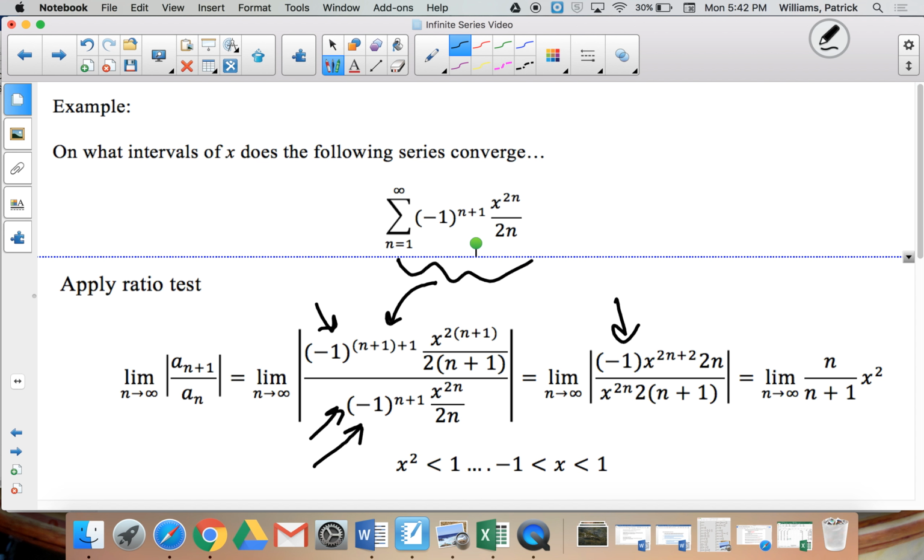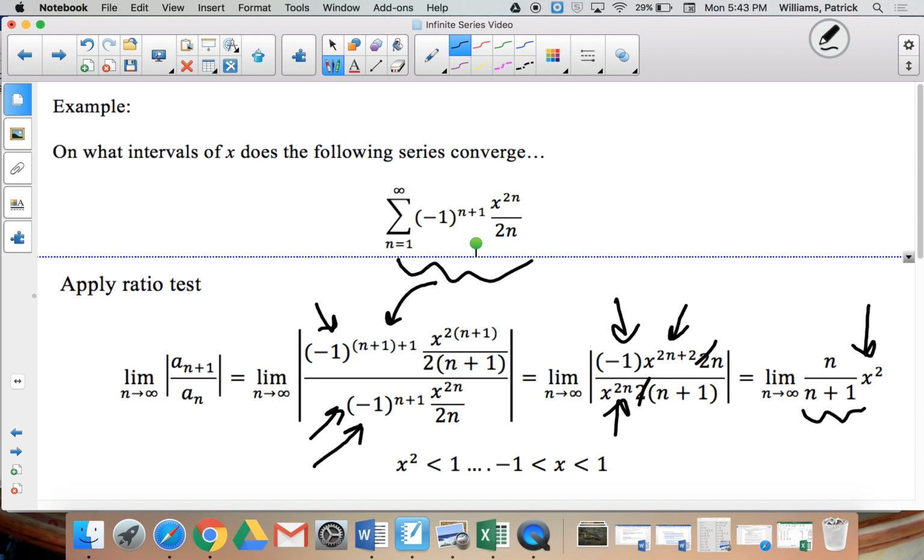Then if we do a little bit more manipulation, we get these ratios over here, where if we have x to the 2n plus 2 and x to the 2n, well, that just ends up going to x squared. Okay, that's where that x squared comes out right here. Then these 2's can cancel, and we end up with an n over n plus 1, which is just this.